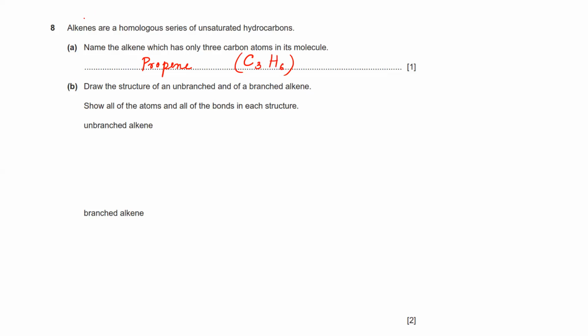So remember the general formula for alkenes is CnH2n. Then it says draw a structure of an unbranched and a branched alkene.